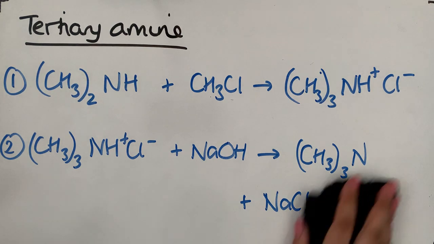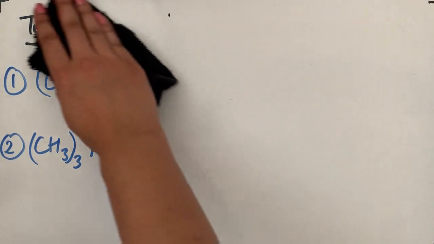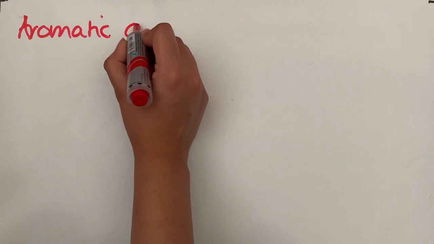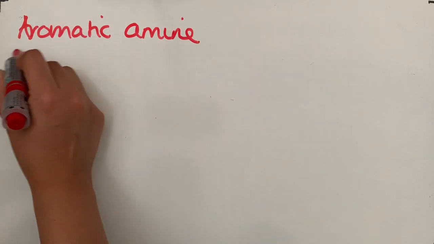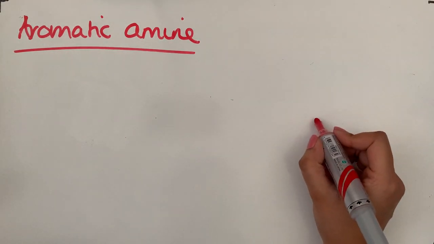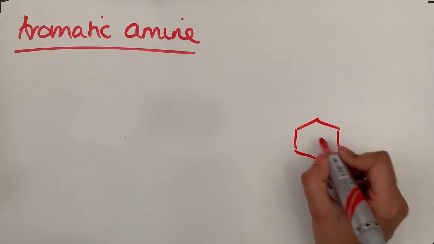Right, so let's now have a look at how we make an aromatic amine. So you might have come across this before when looking at aromatic compounds. The simplest aromatic amine that we can make is phenylamine, which I'll just draw out here.